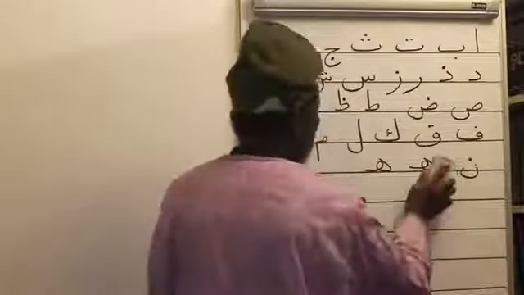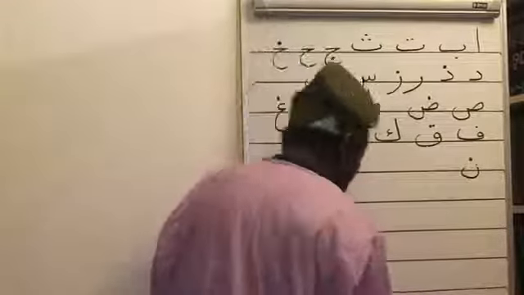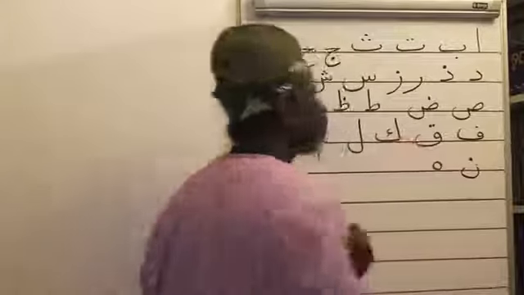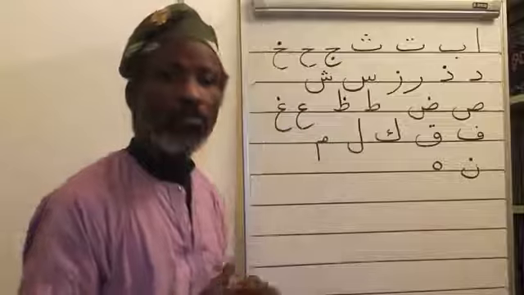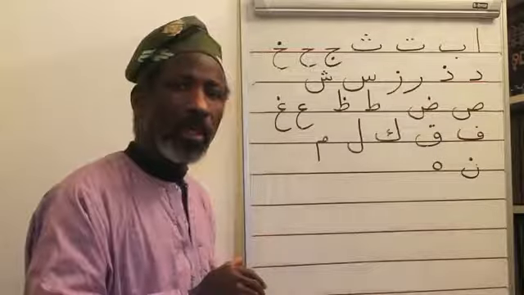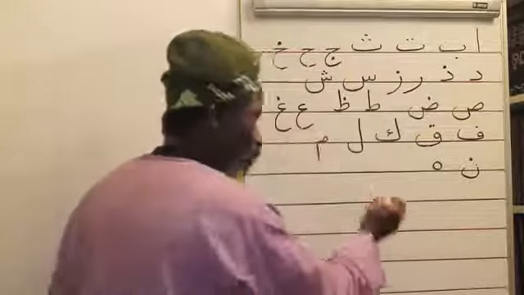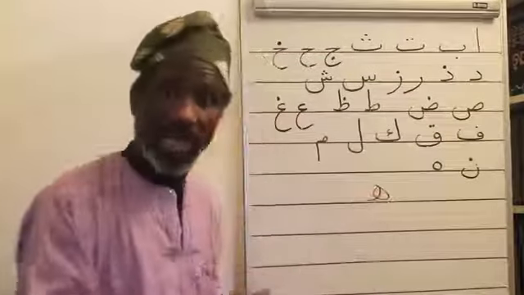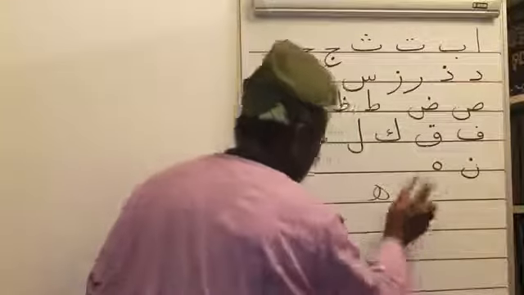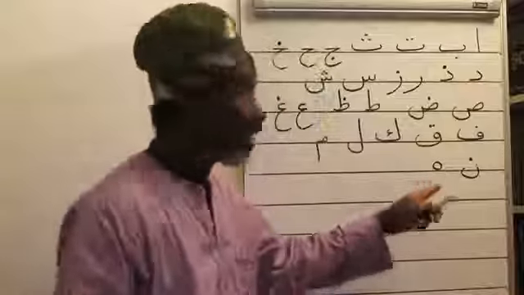You write it this way, just round like an O. No dots, nothing, just staying there pretty. Later on you will come across it like this, but I will explain it to you then. That's your ha.